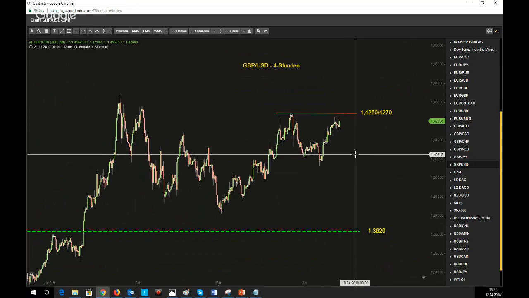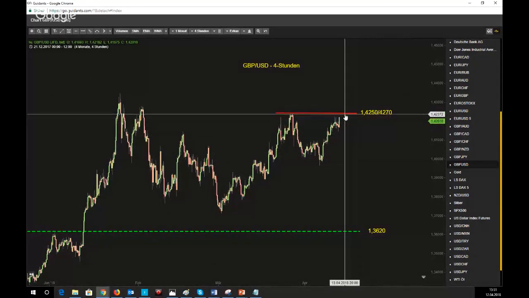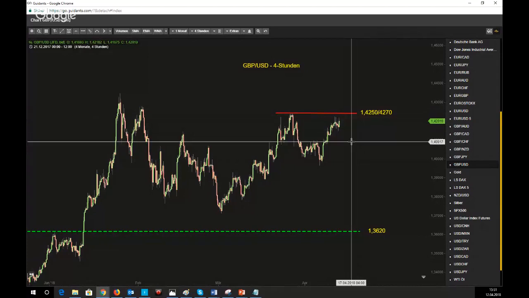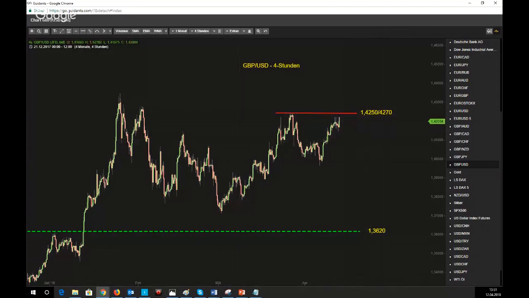And if I trade it, then I trade it definitely with a reduced position size. So currently it seems as if GBP USD is about to at least attack the region around 42.50, 42.70.